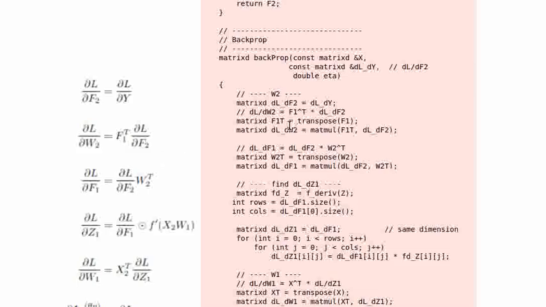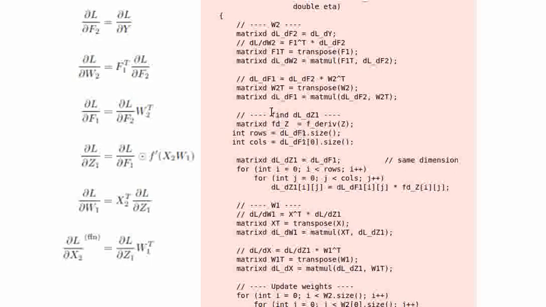So we calculate the transpose first and then use matrix multiplication to find dL/dW2. And dL/dF1 is given by this, dL/dF2 times W2 transpose. So we use this function to calculate W2 transpose.